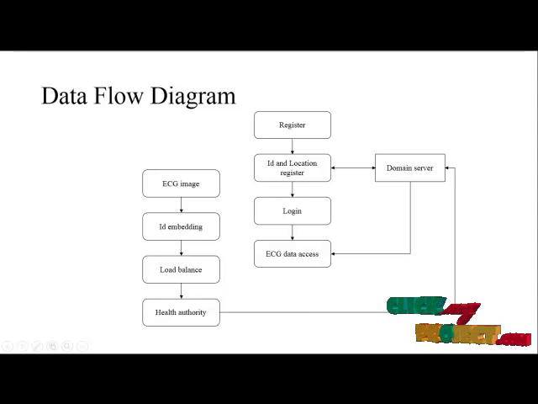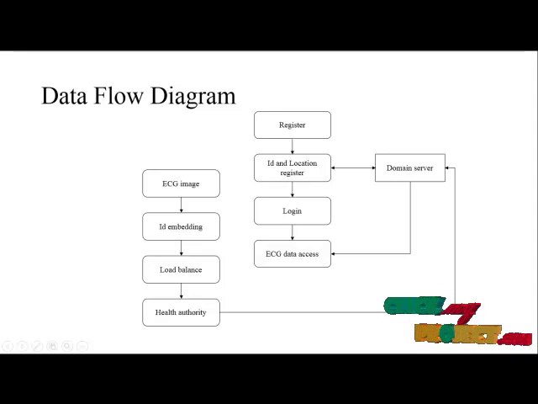After login, the user has domain based data access to the ECG data of the patients or of themselves. We can access the ECG data using the domain server. We send the access data to the health authority.